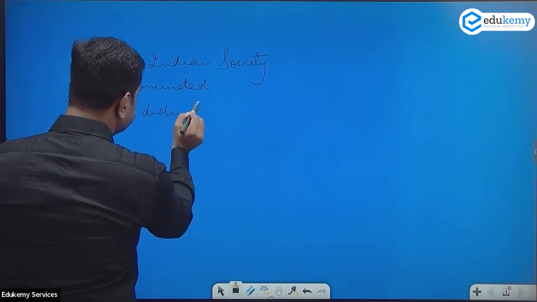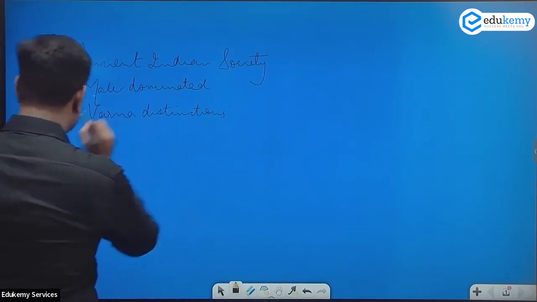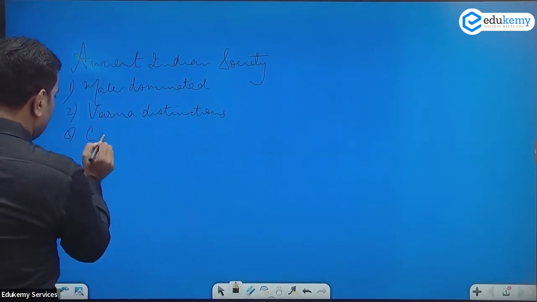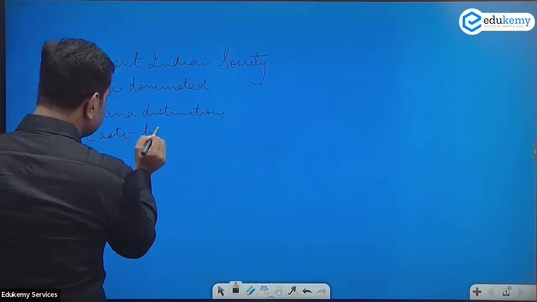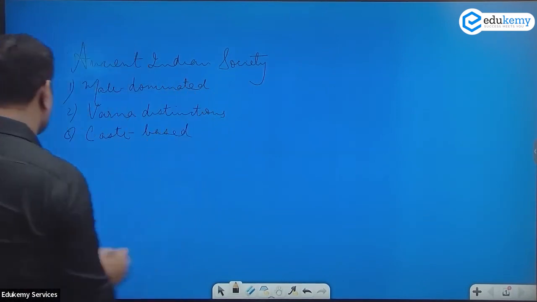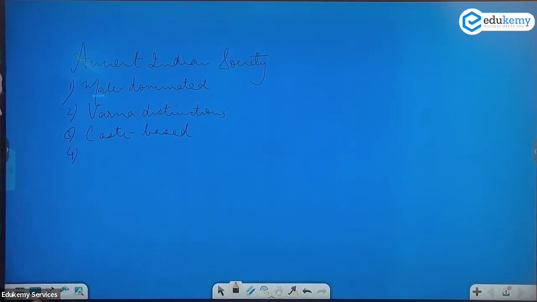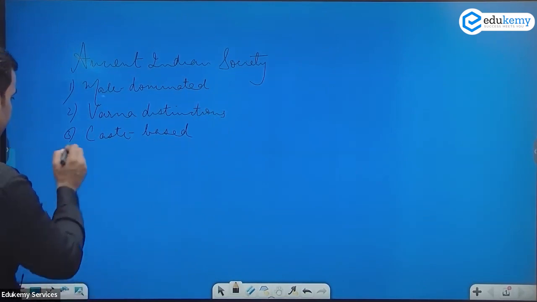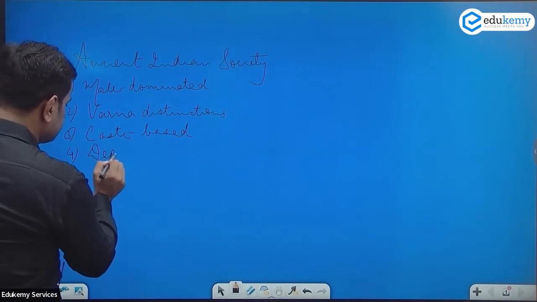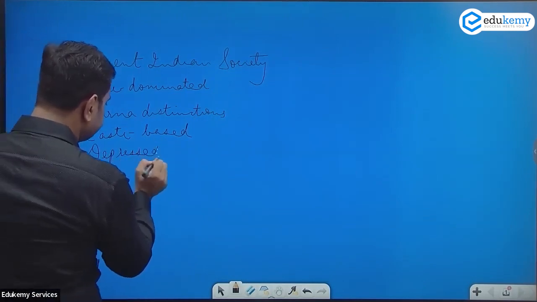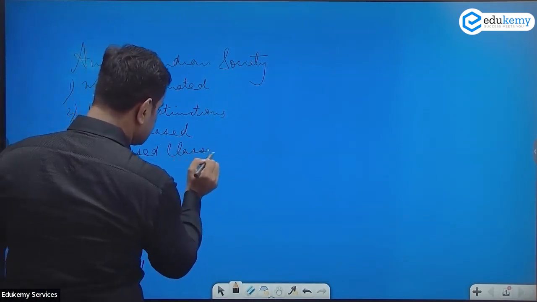Third, a caste-based society based on occupation. Fourth major feature was that, apart from the caste system, a large number of depressed classes, or the scheduled castes, emerged in society.